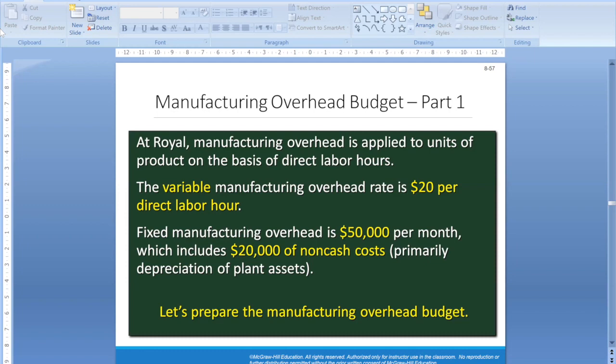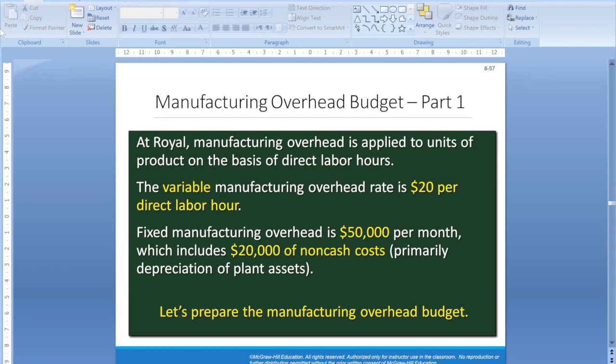At Royal, manufacturing overhead is applied to units of product on the basis of direct labor hours. Now, the key is the base for the manufacturing overhead. Manufacturing overhead consists of different types of expenses: it can be depreciation, maintenance, labor hours.